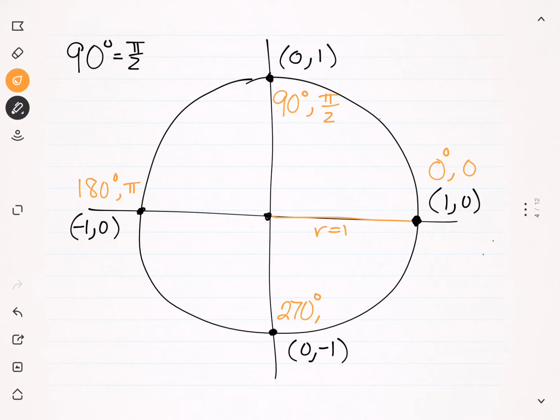So if pi over 2 radians is 90 degrees, then 270 would be 3 times pi over 2 radians, or 3 pi over 2 radians. And then at 360 degrees, that's one full rotation of the circle, 90 goes into 360 4 times. So 4 times pi over 2, you can think about it like 4 times 1/2 is 2. So we would have 2 pi radians is the same thing as 360 degrees.